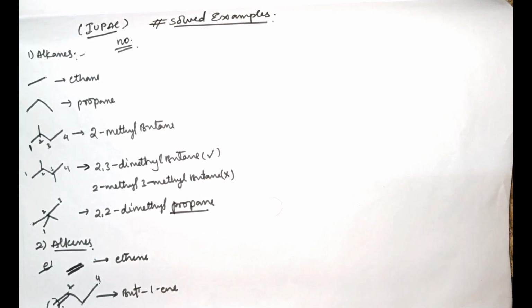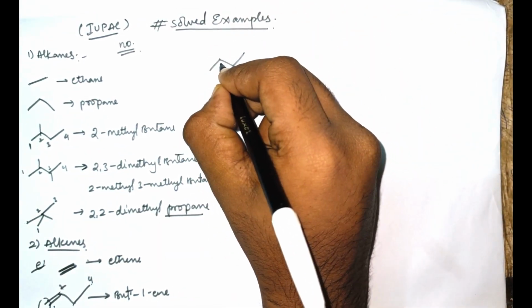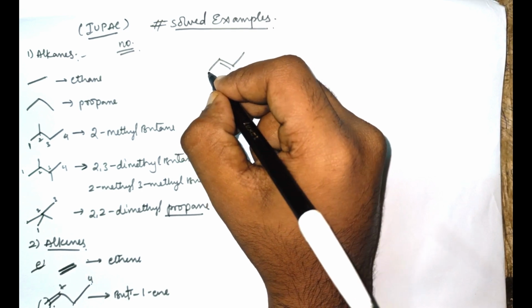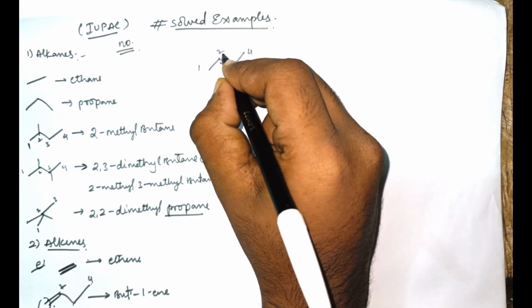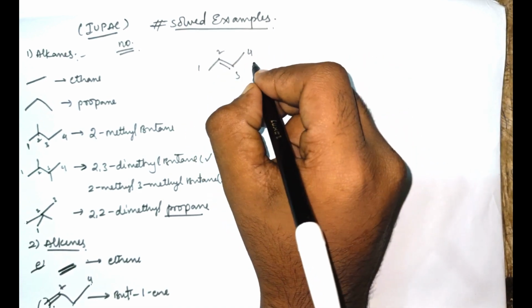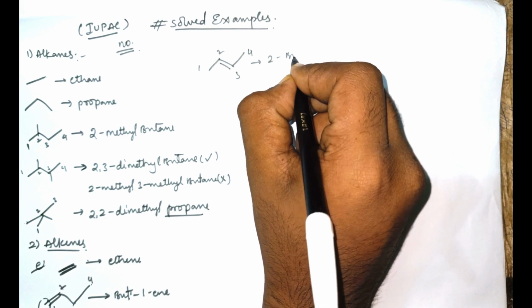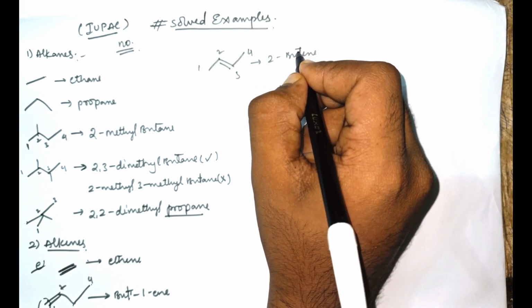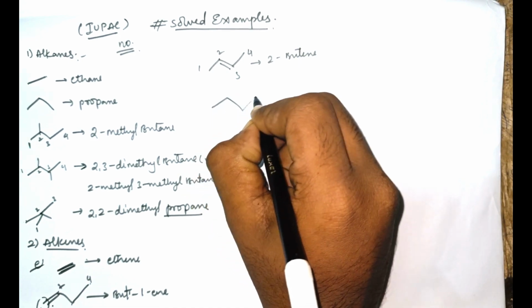And now what about this compound? Give the numbering in the same manner, 1, 2, 3, 4, and the unsaturation starts at the second carbon, hence I must name it 2-butene. And now let us take another compound.